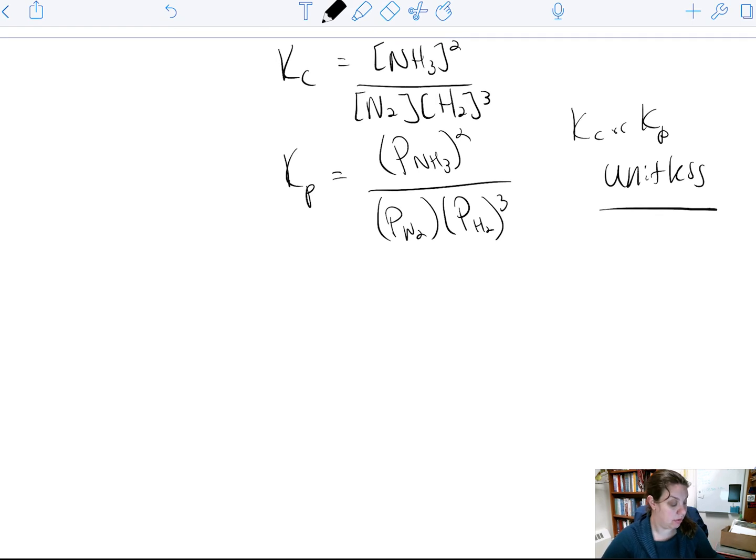Okay. We can also, if we have our Kc or Kp and we're just missing one of the substances, we can also solve for it.